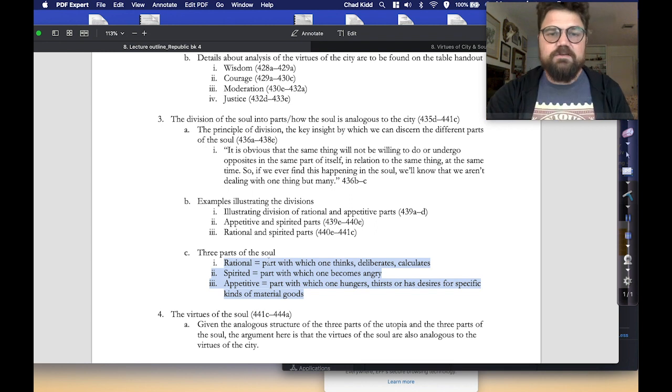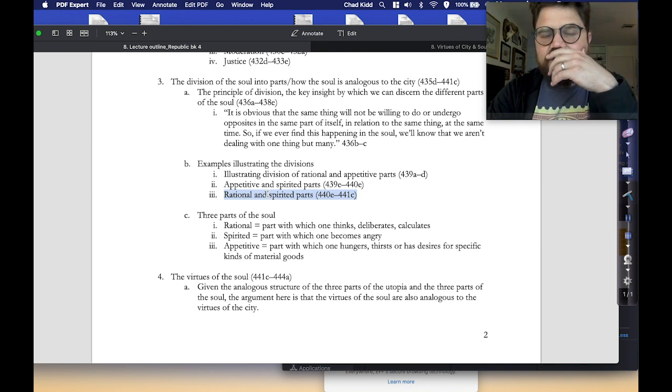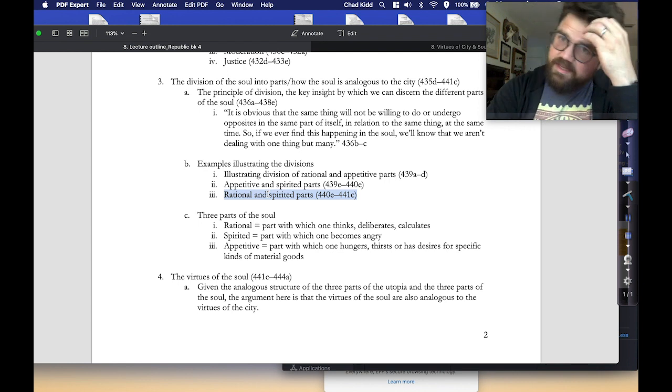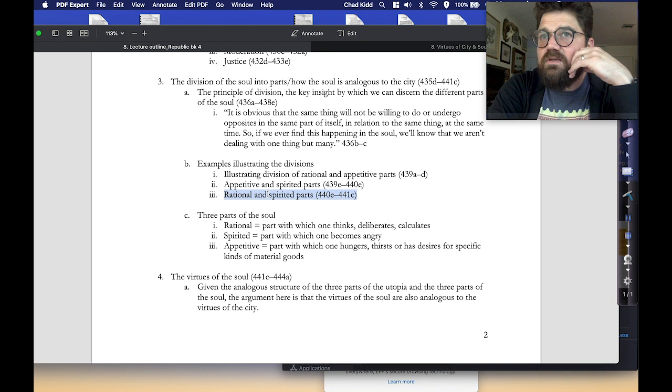The example he gives for showing the distinction between the rational and the spirited parts is basically like this. He says, okay, it seems like there are beings who are really spirited, but not very rational.